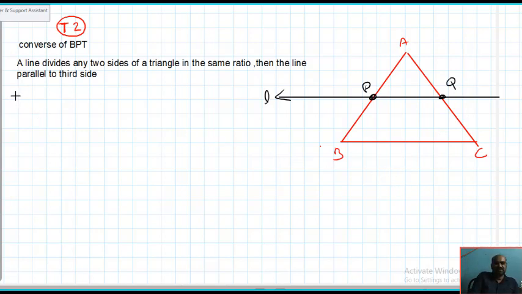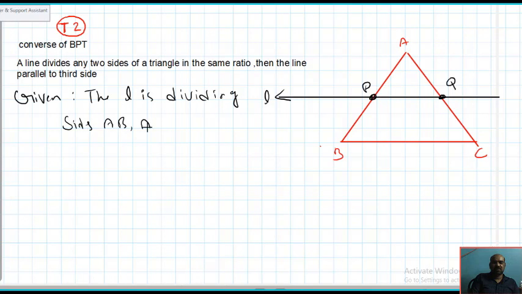I will write: given, the line L is dividing sides AB, AC in the same ratio.